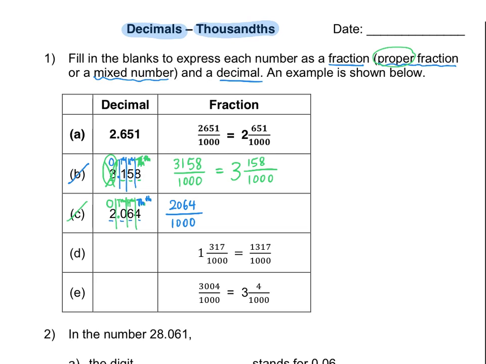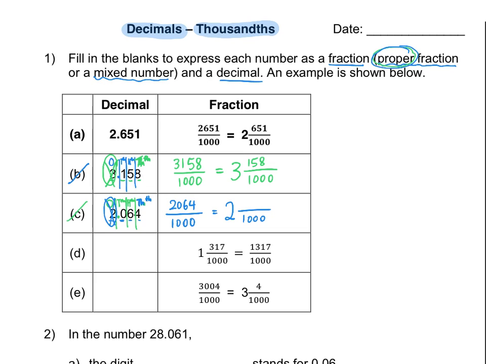It is 2,064. Because we have to write it as a proper fraction, look at the whole number. How many wholes are there? There are 2 wholes. With that gone, for the fraction, the smallest place value is again 1,000. So look at what is left behind.